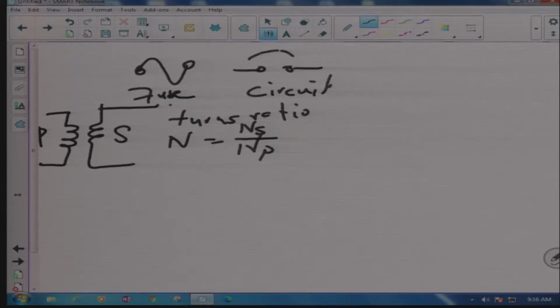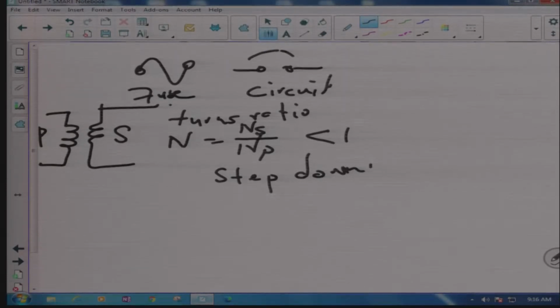If this turns ratio is less than 1, it's a step-down transformer. But if it's bigger than 1, we do not use it in our electronics section. It's actually a step-up transformer. In power engineering, they use it a lot. We do not use it at all in our power supply.